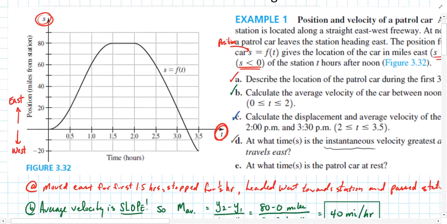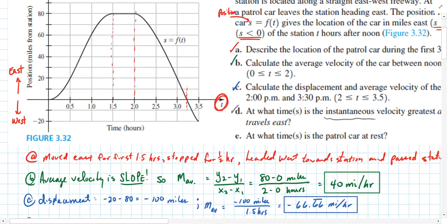And if we are to describe what happens during the first 3.5 hours of the trip, we see that something interesting occurs right about at 1.5, and then again at 2.0, and by interesting I mean from a calculus perspective. And then maybe right here too, there's something interesting happening.